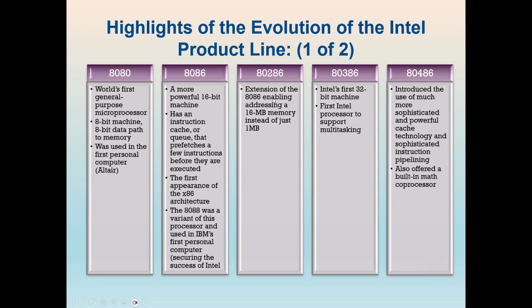Then we have the extension of the 8086, which is the 80286. This also addresses 16 megabytes of memory instead of just 1 megabyte. Then we have the 80386, Intel's first 32-bit machine and first Intel processor to support multitasking.